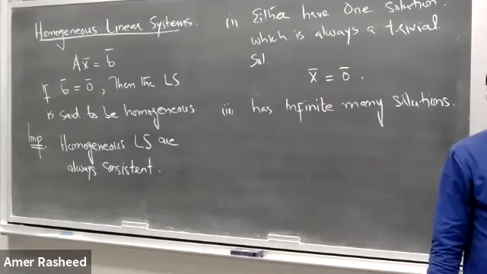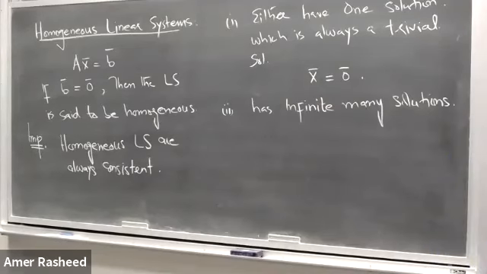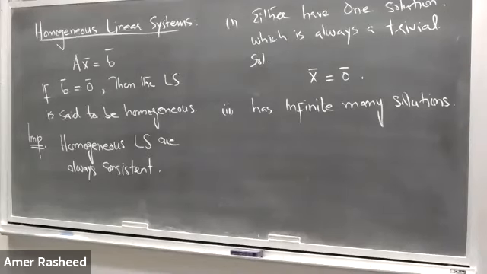Sure, because it has to be consistent, and if it has infinite solutions, then 0 would be equal to infinity, which is not possible. I don't get your point. Can you repeat it? Because you said that they're always consistent, so the left-hand side always has to be equal to the right-hand side. So 0 cannot be equal to infinity, so it will be inconsistent. No. Sadullah Kundi, you tell me.